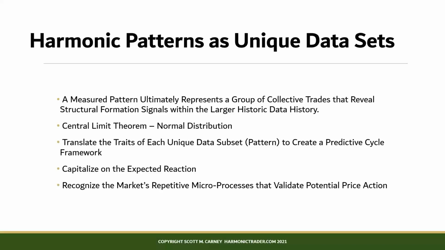We also bring in things such as the concept of a central limit theorem, meaning we have a minimum amount of bars, as many of you know, the 30 bar rule, 30 individual price bars that have to comprise a pattern. Again, another example of how we look at these individual trades collectively to define that cycle.